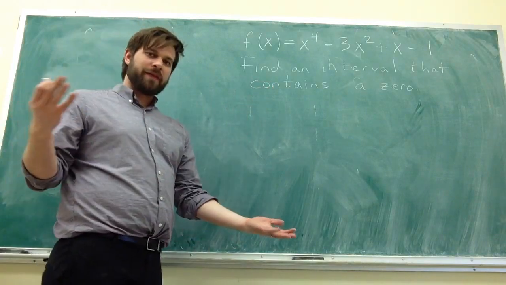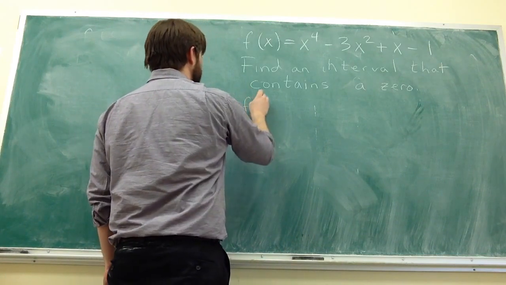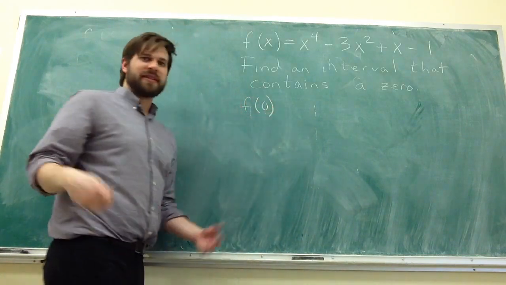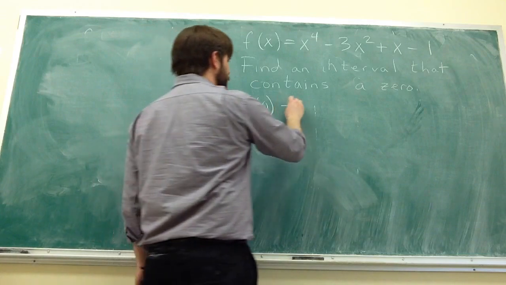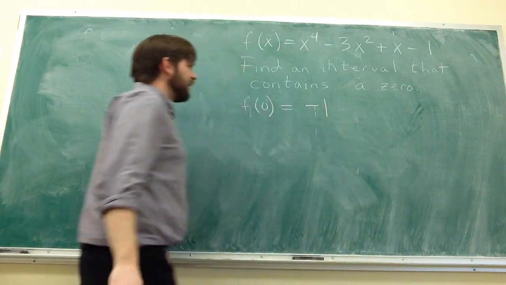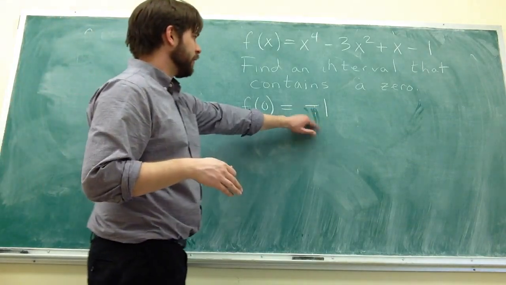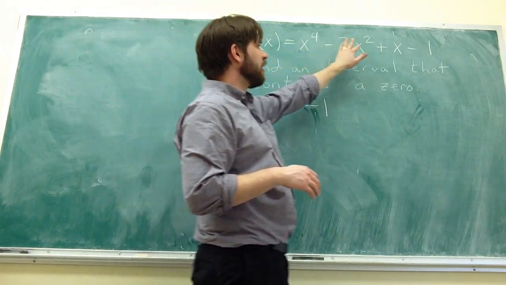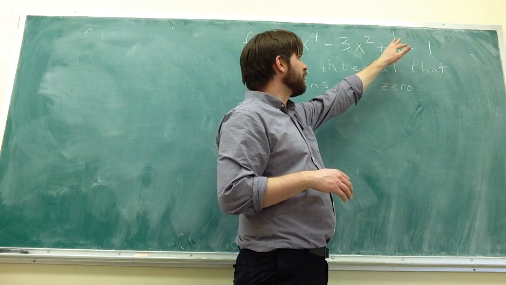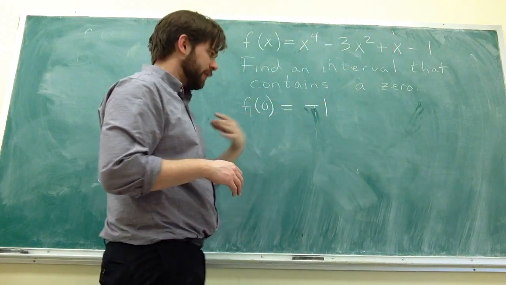So if we're going to pick values, it might be convenient to pick 0. 0 is always nice when we plug it into a polynomial. So when we plug 0 into the polynomial, we get negative 1, right? Because 0 to the fourth minus 3 times 0 squared, plus 0 minus 1.